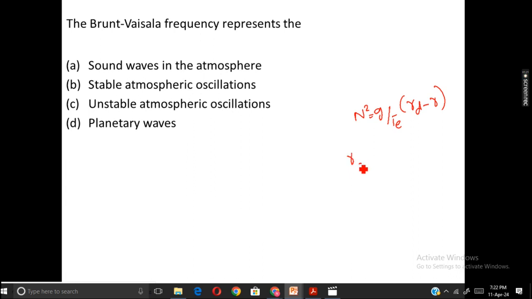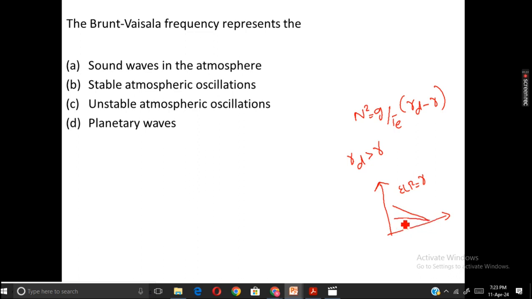Suppose gamma d is greater than gamma, in the sense that the dry adiabatic lapse rate is greater than the environmental lapse rate, gamma. So the rate at which the temperature of the parcel is reducing is greater than the environmental lapse rate.